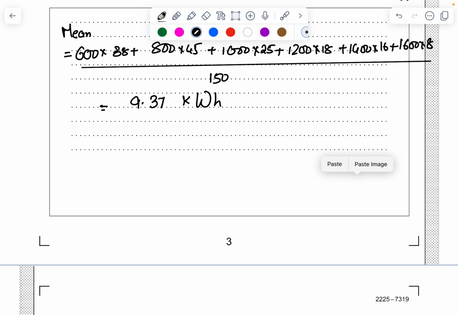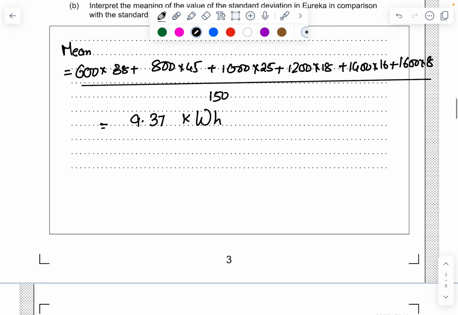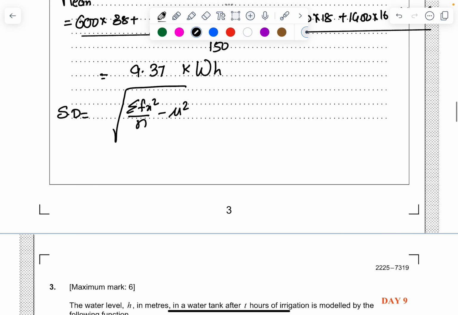So for standard deviation, the formula is again standard deviation is square root of sigma fx square upon n minus mean square. Or you can use directly the GDC to get the value of standard deviation.